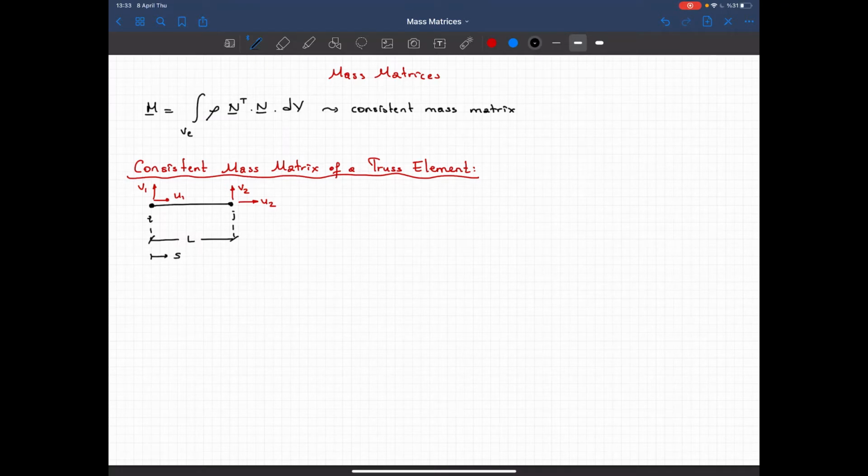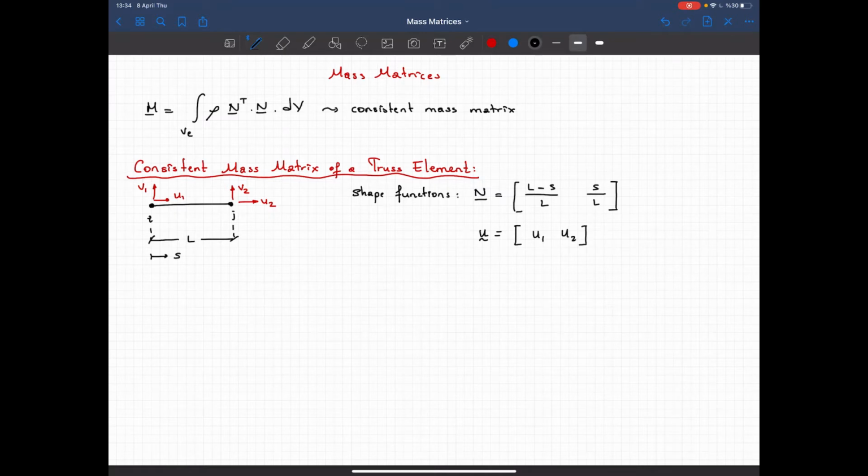Let's call it S. And the shape functions for the truss element are defined as follows: (L minus S) over L and S over L. And the active degrees of freedom for this element are U1 and U2.